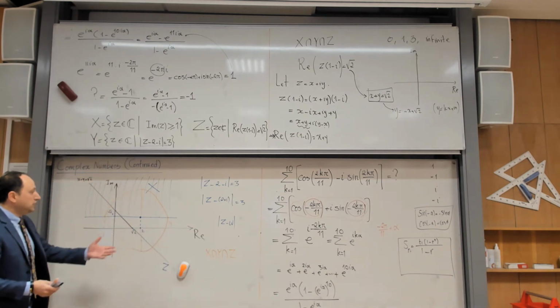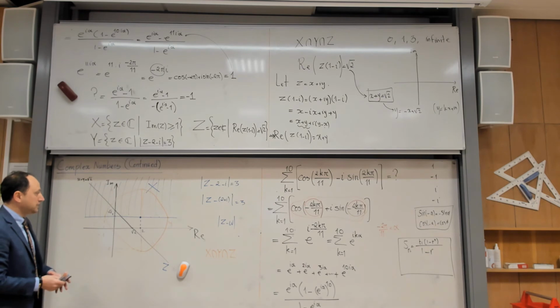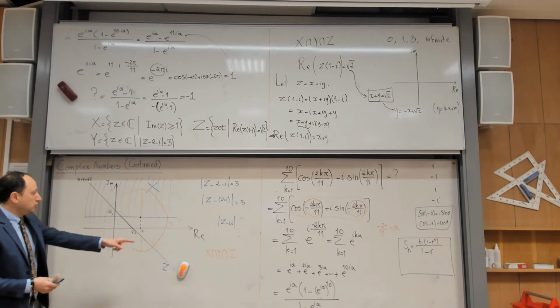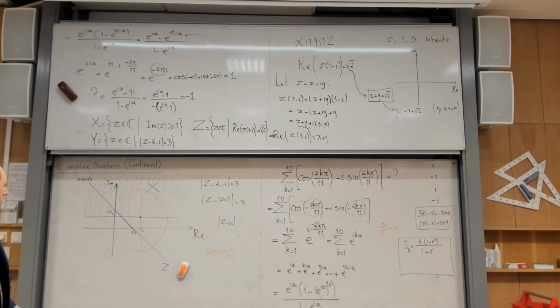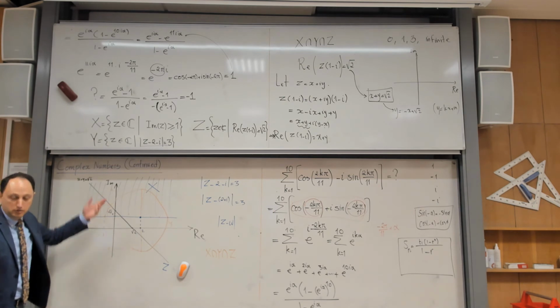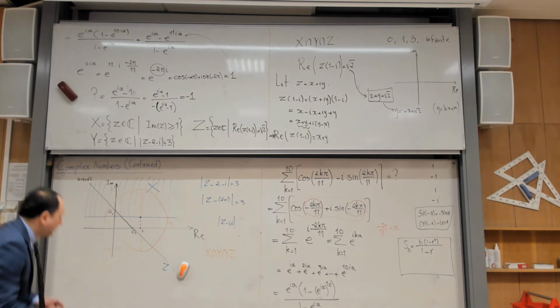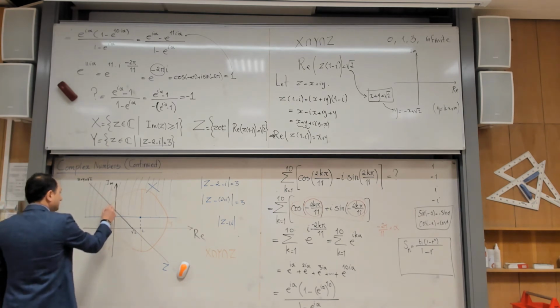So I am looking for all those points that are in all those parts simultaneously. How many points are there? Which point or points lie in all those sets simultaneously? How many? 1. Yeah, and that is this point, yes? That's it. So you finally found the points, yes?